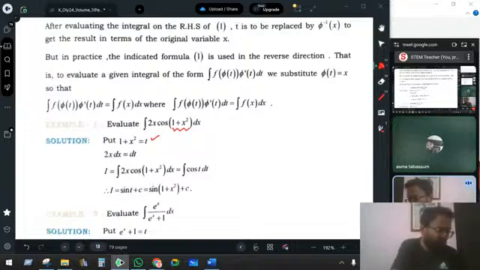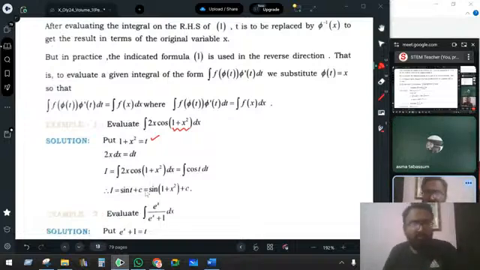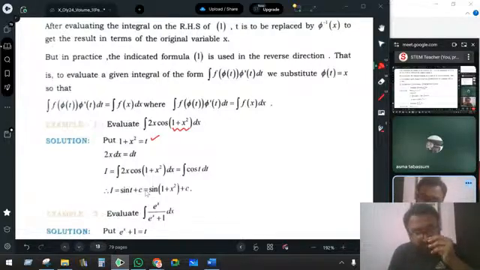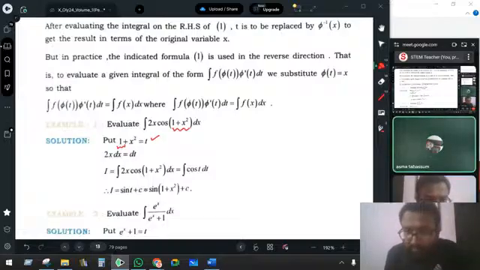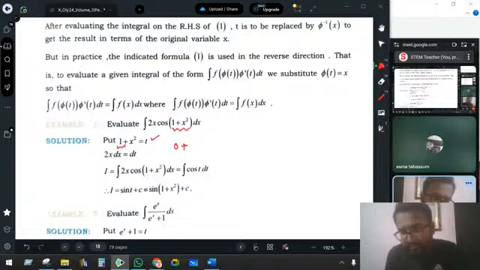So next, here he took 1 plus x squared equals t. Now he is doing the differentiation with respect to x. What is the derivative of x? 1. What is the derivative of 1? 0. What is the derivative of x squared? 2x, into dx.